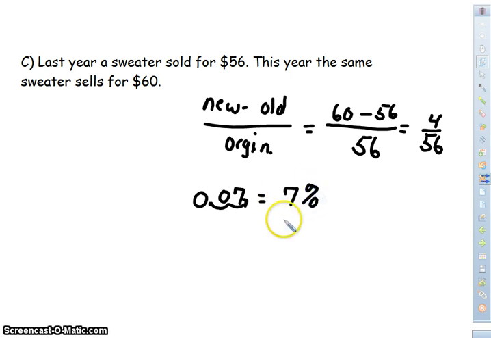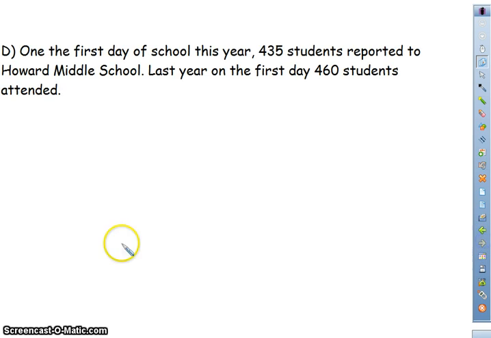Now the question is, is this an increase or a decrease? Well, last year it sold for 56. This year the same sweater sells for 60. It did increase by $4. Therefore it is an increase. So 7% increase from last year to this year. Questions, please write them down, and we're going to do the next problem.